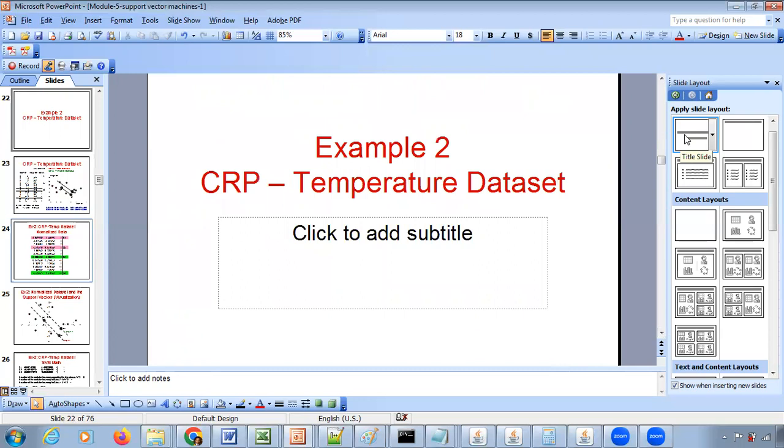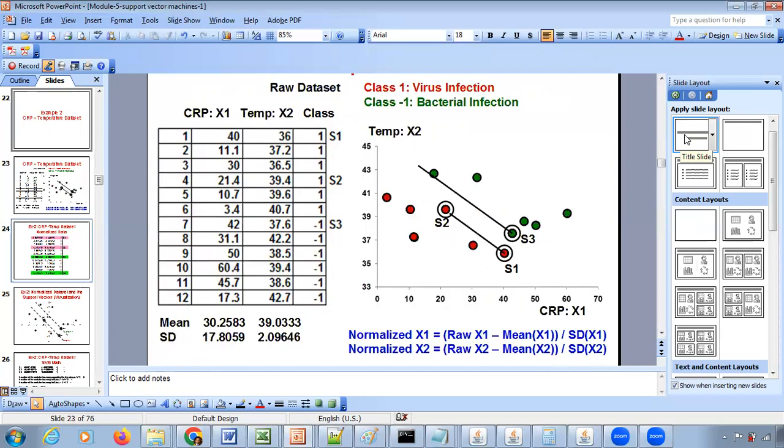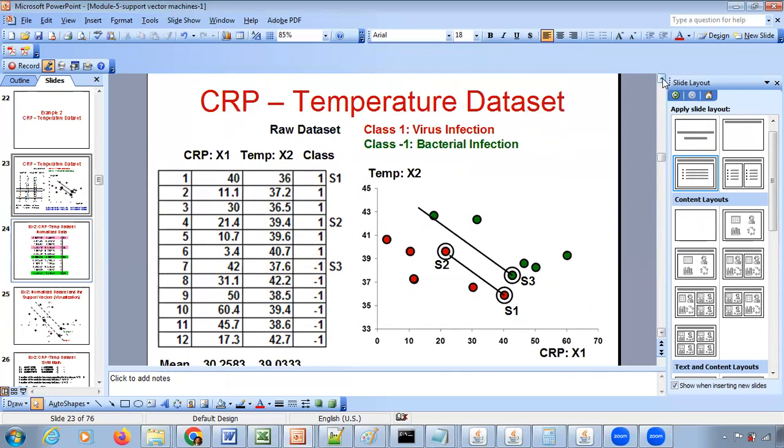When you have a virus or bacterial infection, the body temperature is also expected to get high, and the CRP quantity in the blood is also expected to get high. So here we have a data set with the CRP quantity level measured in the blood in some unit, and the temperature in Celsius for a person.